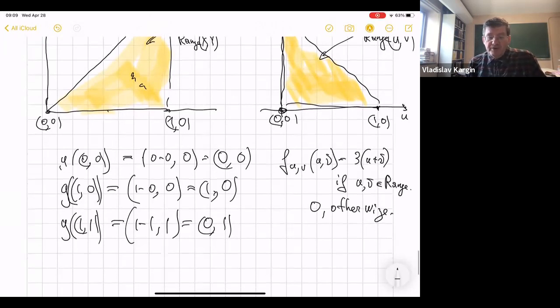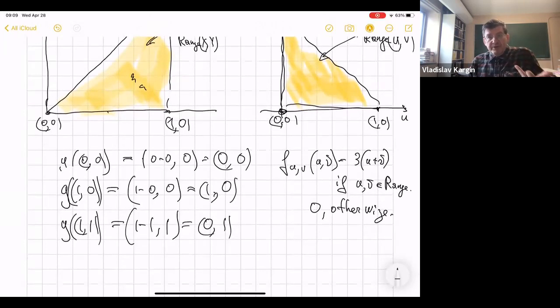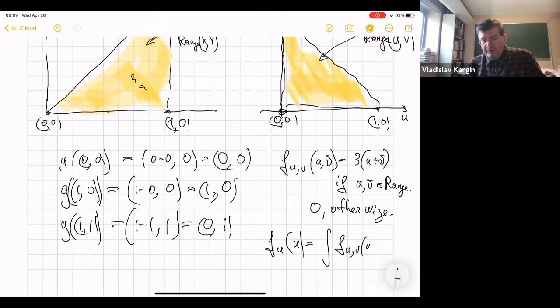And so now at this moment we can answer why we did this, because we want to figure out what this f of u is. We will need to do an integral of f of uv over dv. We want to figure out this marginal. So if you fix u, what's the change in v?